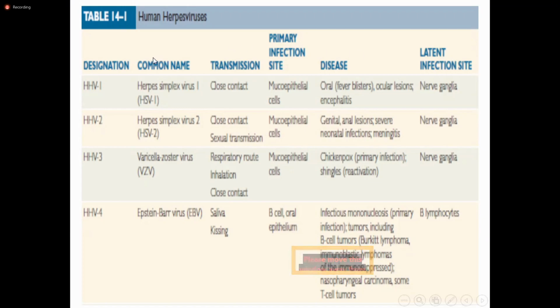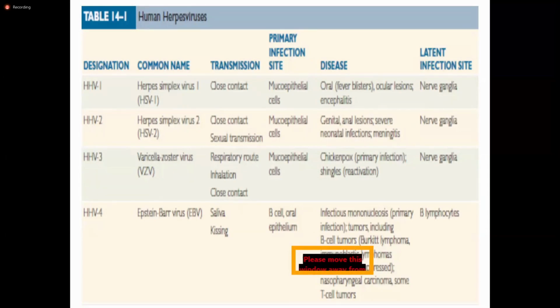Let us start with human herpes virus type 1. They are called herpes simplex virus type 1, HSV type 1. They are transmitted by close contact. They infect mucoepithelial cells of the mucous membrane and epithelial cells. What do they cause?